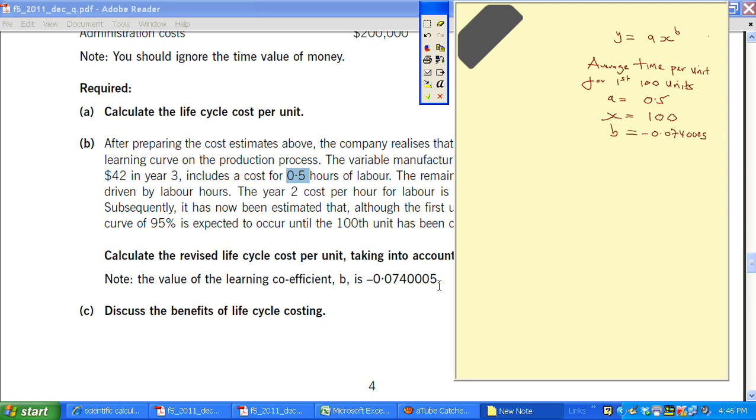So what this means is that y will equal 0.5 times 100 raised to the power negative 0.074. Now you need an electronic calculator, a scientific calculator, to do this.